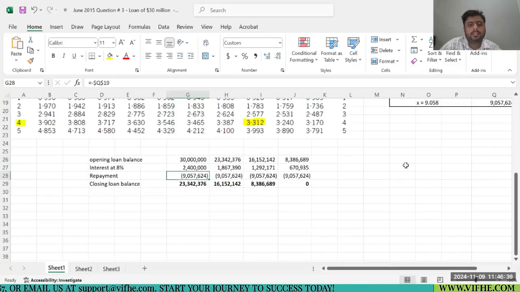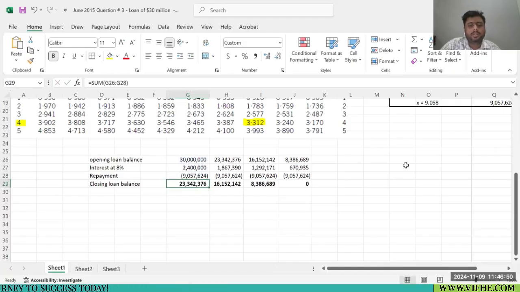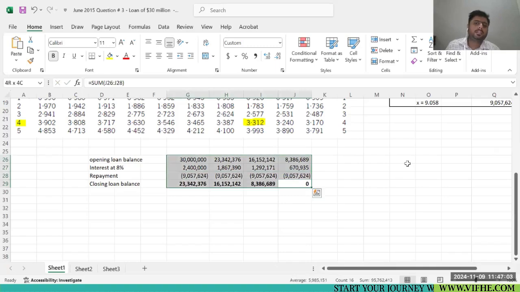As per our calculation, repayment is 9057624. So the closing balance is 23,342,376. Loan plus interest minus repayment, which includes the repayment of interest as well as some part of the loan. And if we carry it over a 4 years period, you can see that it comes out to be 0.